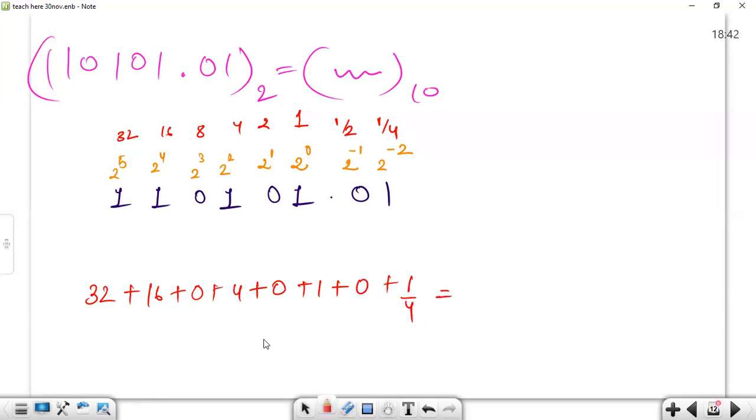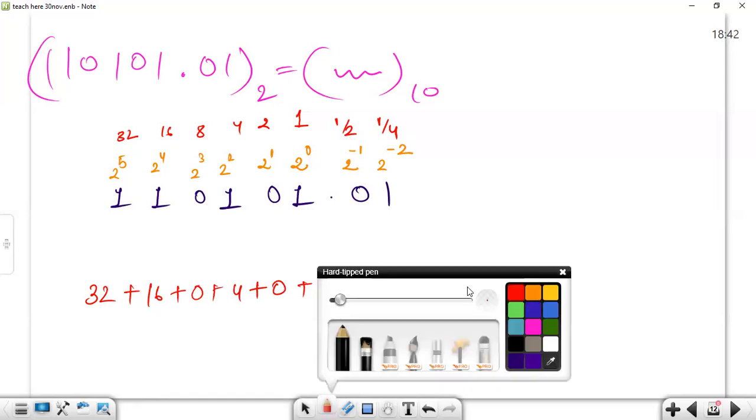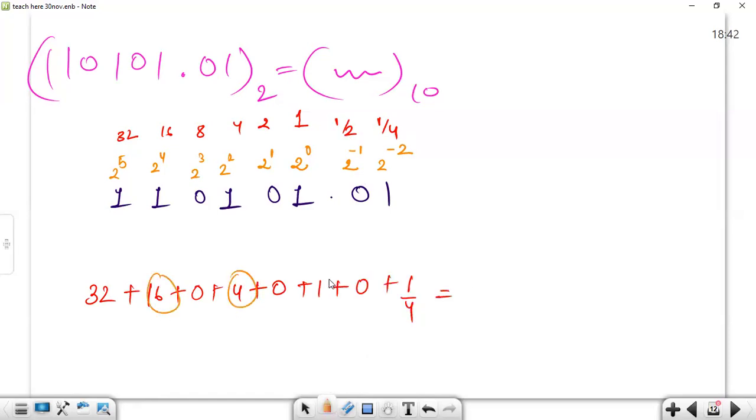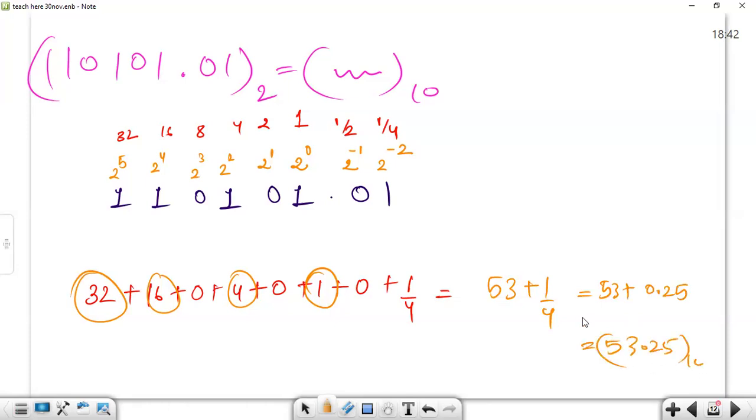Okay, so help me calculate. 20 and 21 and 21 and this 53 plus 1 by 4. Now 53 plus 1 by 4 we know is 53.25. So this becomes 53.25 in decimal number system. Is there any doubt for conversion?